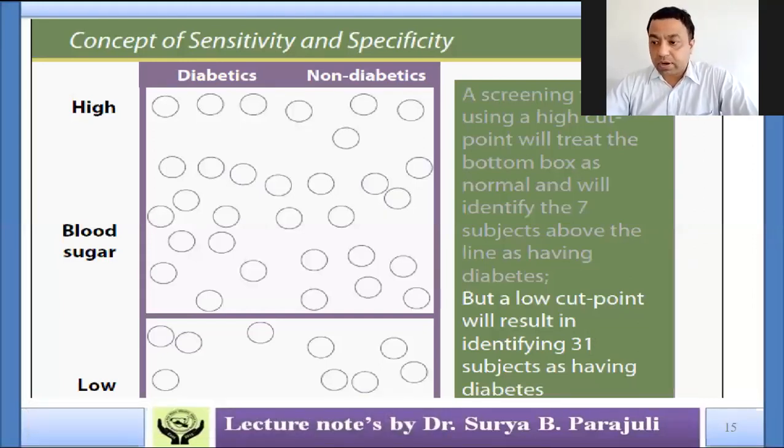So as a future in-charge of health centers or team leader, you need to be very careful while interpreting the concepts of sensitivity and specificity. While speaking with the population, public, media or policymakers, you need to be very careful. Actually, this is a good concept.